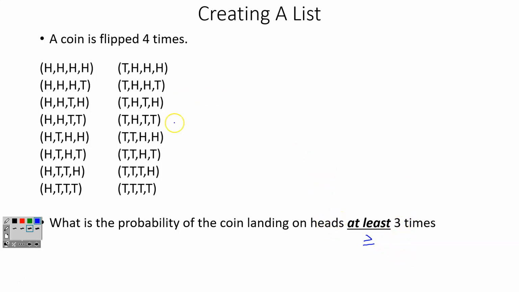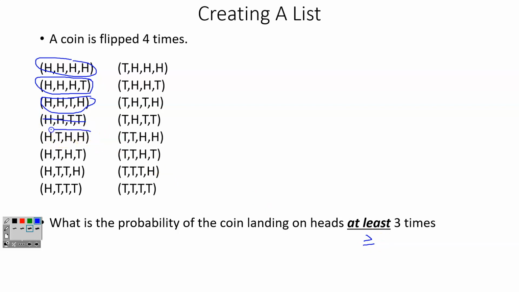We're looking for heads. So this one has 4 heads and 4 is greater than 3, so that one's okay. This one has 3 heads, so we're still meeting the criteria, so we're good. This one has 3 heads, so we're still meeting criteria. This one has 2 heads, and 2 is not greater than or equal to 3, so that one's out.